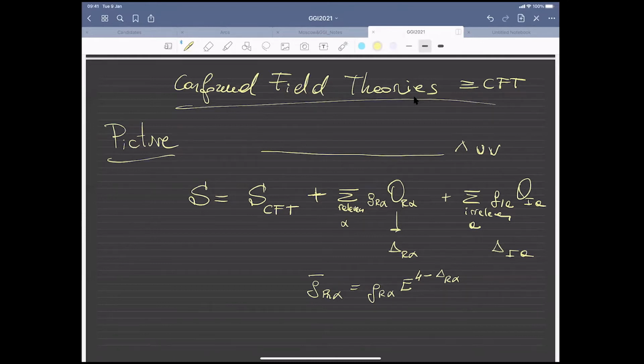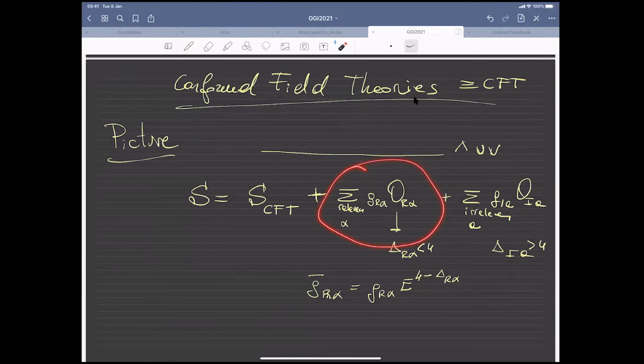So the relevant operators are those with dimension less than 4, and you see that their effect grows when you decrease the energy. And here you have the other way around: here the dimension is less than 4, and here it is bigger than 4. And of course, if the operator has dimension exactly equal to 4, then there's no energy dependence, at least at the lowest order. But let's stick to these two cases, relevant and irrelevant.